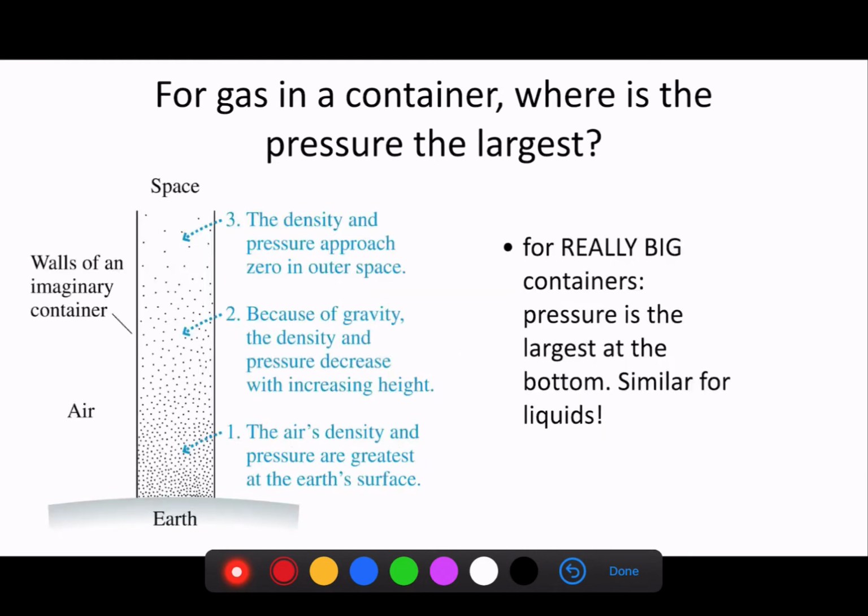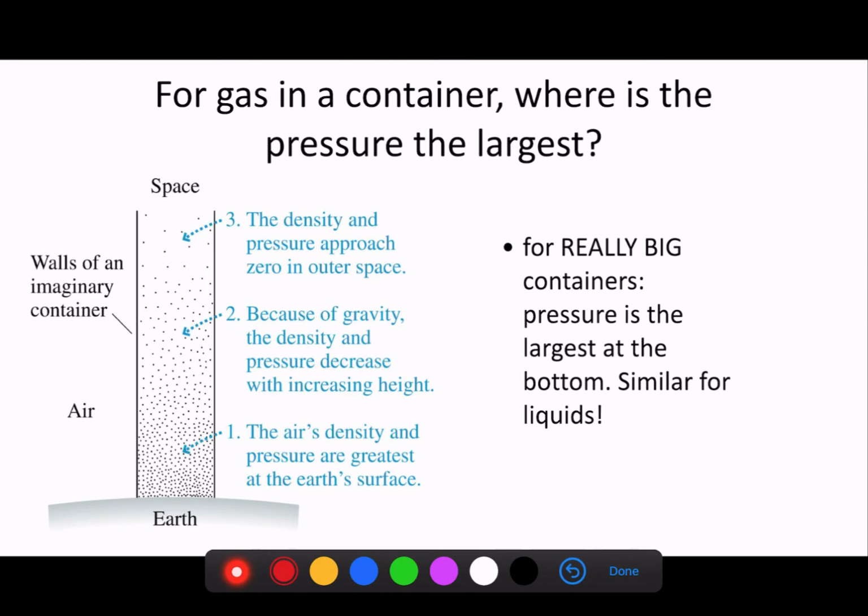But if we start to look on large enough scales, really big containers, like containers the height of our entire atmosphere, then it becomes much more clear the effect that gravity has on the gas inside the walls of our imaginarily hugely tall container.